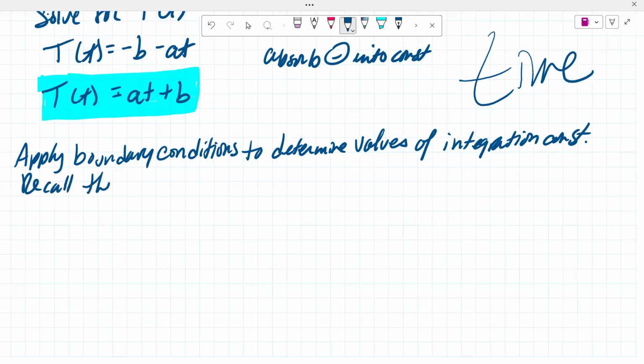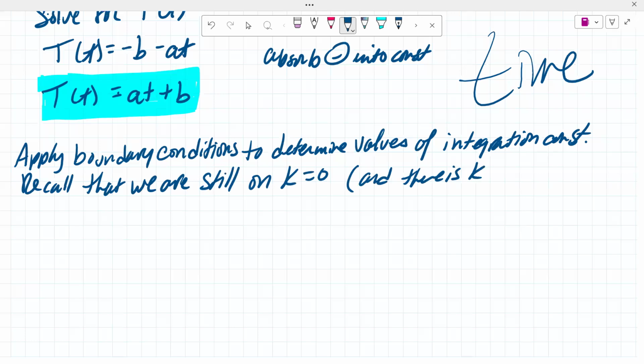Recall that this is still on a equals 0, and there is k less than 0 and k greater than 0. Don't forget that.